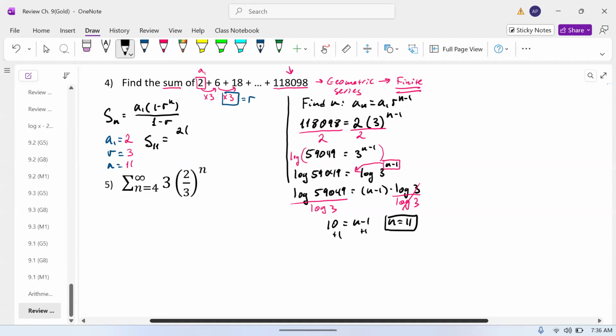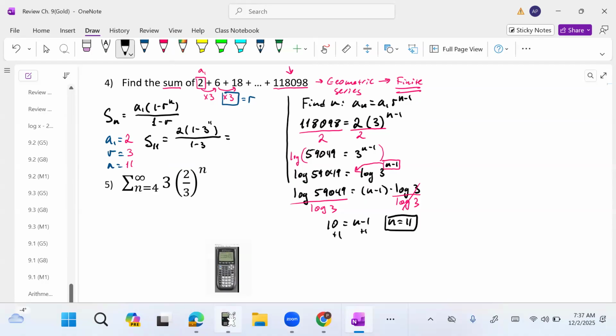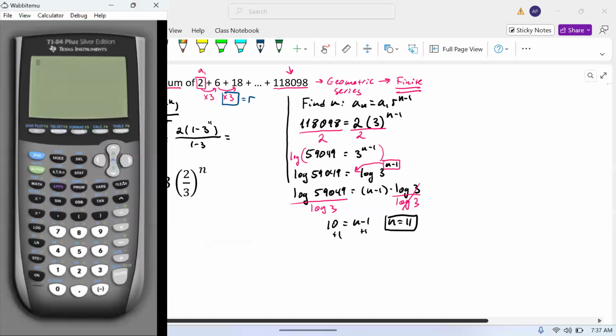And then it's 2 times 1 minus 3 to the power 11, divided by 1 minus 3. You can just type the whole thing in your calculator, especially with the yellow ones. It would be pretty simple. This one, for example, doesn't have a fraction button like that, but we can still do our best. So 2 times 1 minus 3 to the power 11.